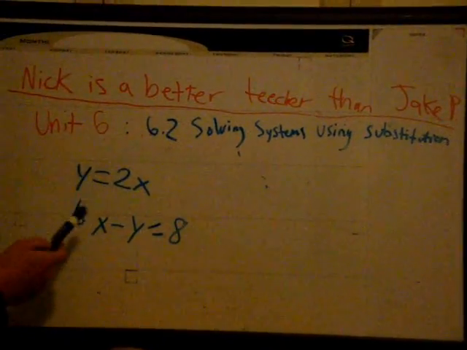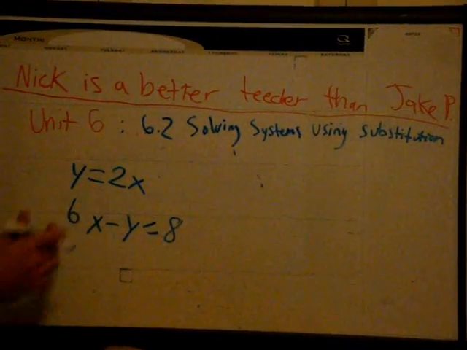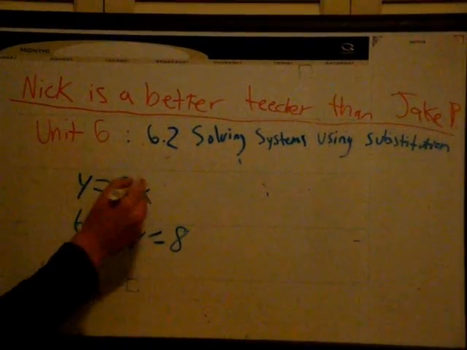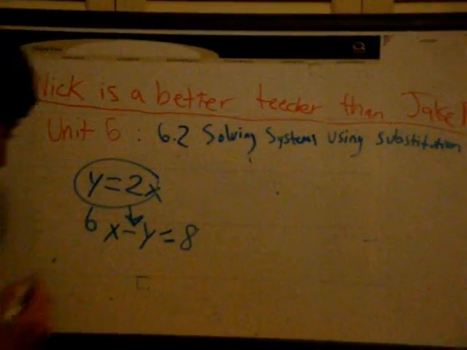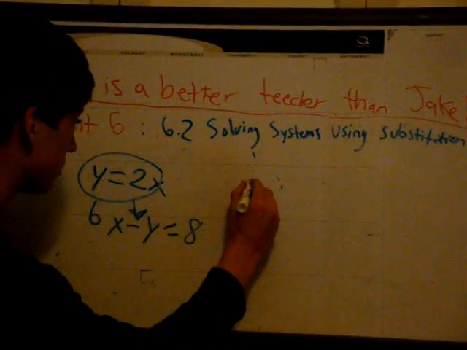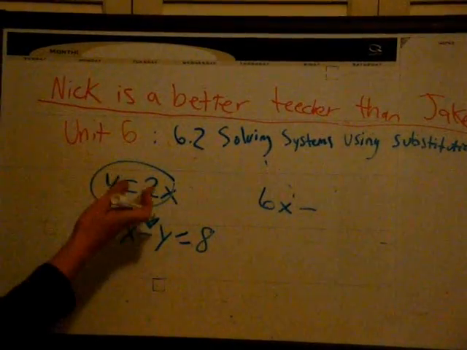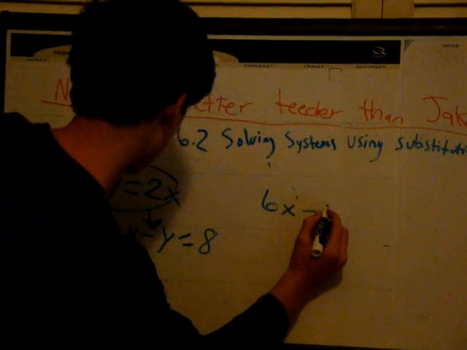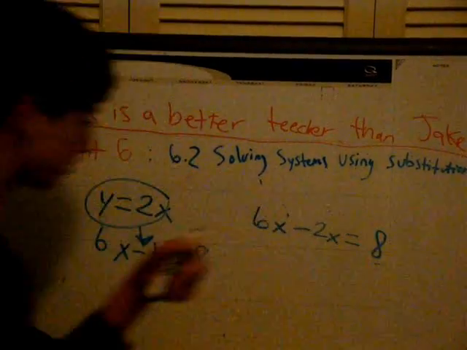Because the first equation is y equals 2x, to find out what x and y are, we're going to plug this into this, which will look like this. 6x minus y, which y equals 2x, so we can just plug that right in, minus 2x equals 8.